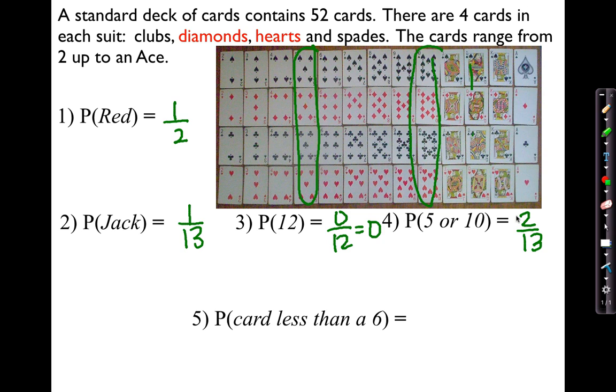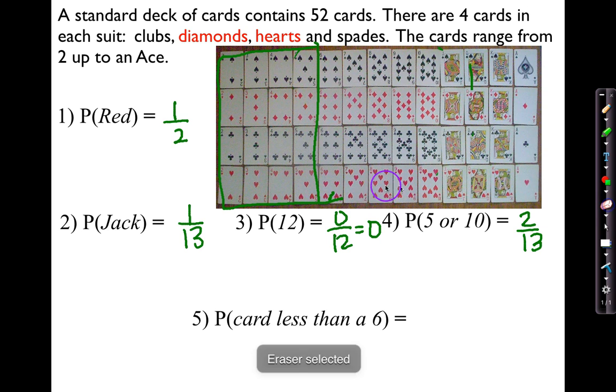Okay, so now what's the probability of a card less than 6? Okay, well, we have to first look at what numbers are less than 6. 5, 4, 3, and 2. So all of these fulfill the requirement. We don't want to include 6 because 6 isn't less than 6. Okay, so let's count how many we have.